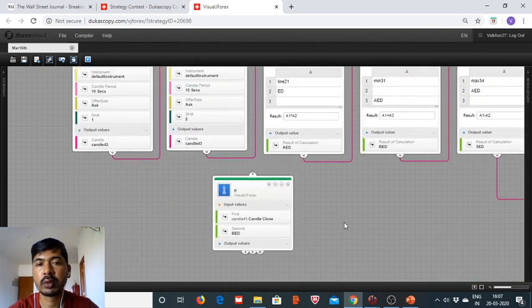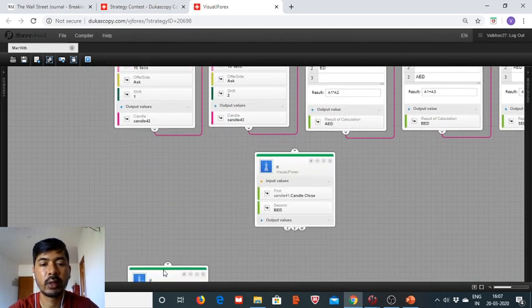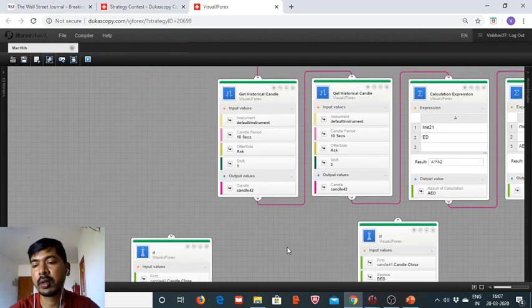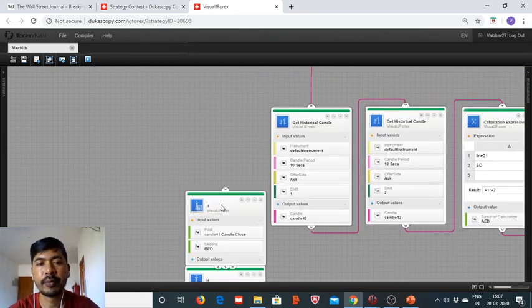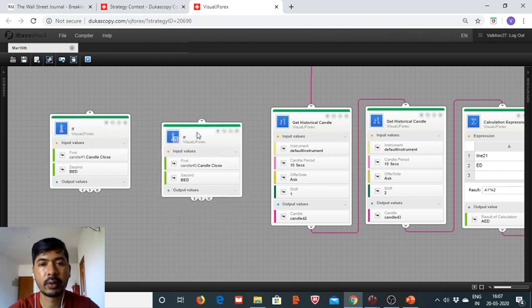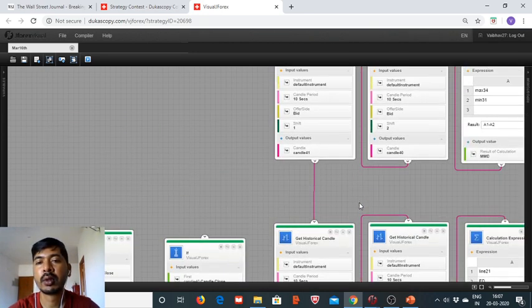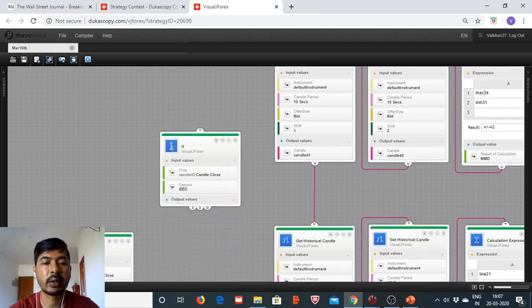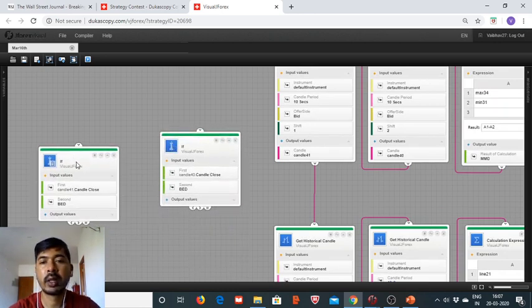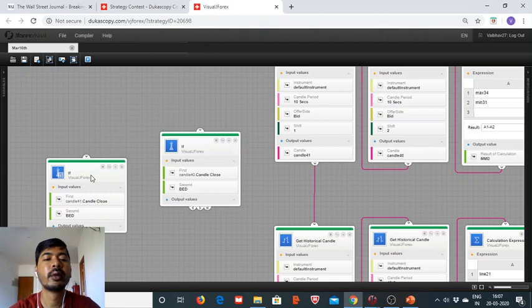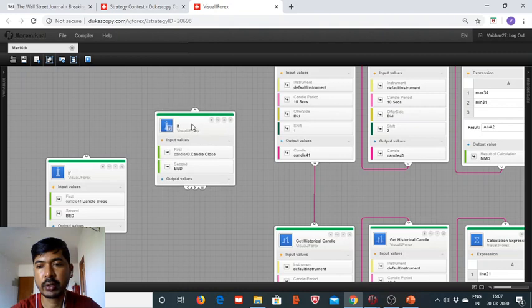So the candle close, let me connect it here only, otherwise we might forget. So here the candle 41 is the last candle, so we want the last candle's close to be above the BED, and the candle prior to that, candle 40's close, should have been below the execution difference.